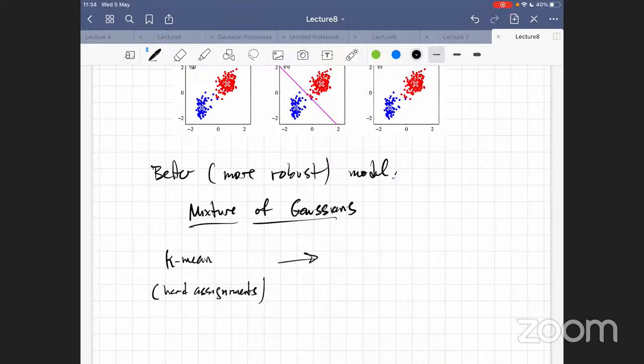And so the idea here is to go instead of making hard assignments, you do probabilistic assignments. So you would have the probability for a point to belong to the blue cluster, and another probability to belong to the red cluster.